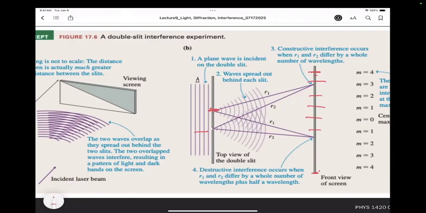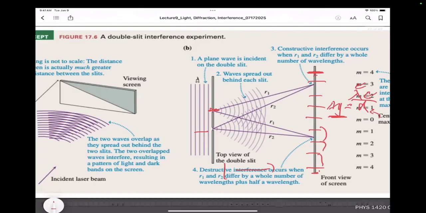It's a uniform situation, which means the distance is the same, because delta y equals lambda L divided by d. Lambda for a specific one is fixed, L is fixed, d is fixed. So this is fixed, and the distance is the same. Does it make sense to you?